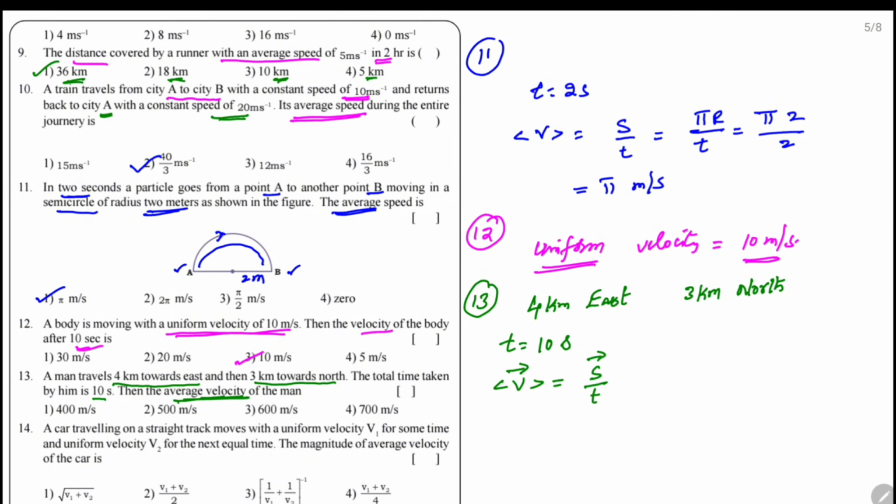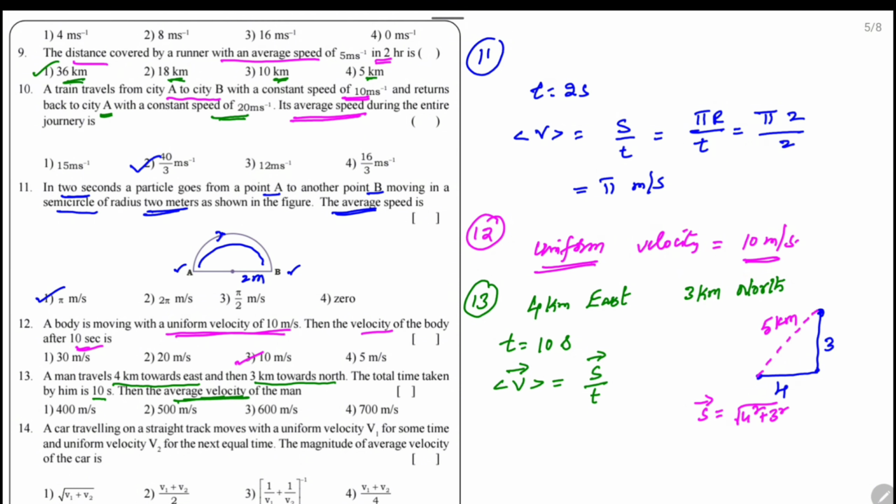Now first find the displacement. As it moves in 2 dimensions, you can use your diagram to calculate it. So first it is moving east from this point, next it is moving north from this point, and this is 4, this is 3. Displacement is the hypotenuse of the right angle triangle. So you know how to calculate that: displacement is equal to root over 4 square plus 3 square, which gives you 5 km.